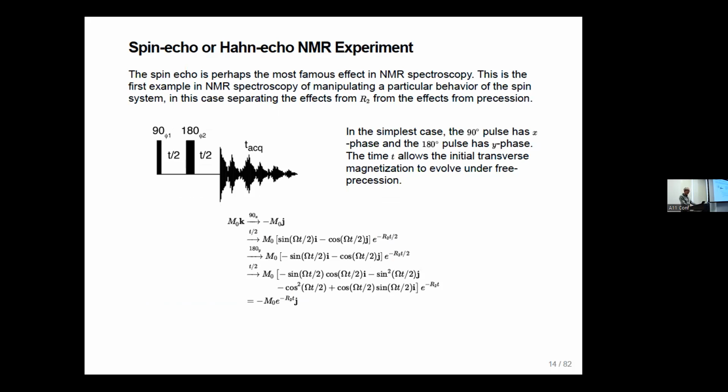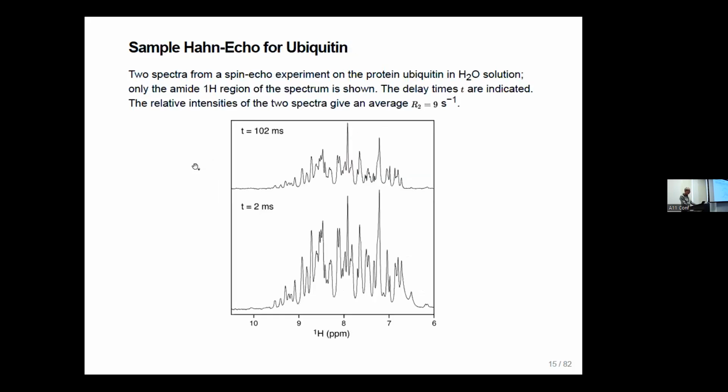This is a little bit tricky because, of course, you know that if this 180 is non-selective, then the J coupling is going to evolve as well. And one would have to worry about the effects of J coupling on the evolution, or one might hope that this is a selective pulse in some way.